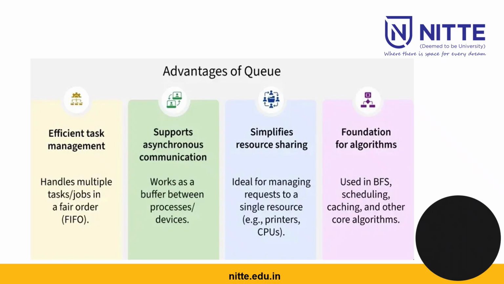Now we'll see the advantages of using a queue. The first advantage is efficient task management. Here the queue will handle multiple tasks or jobs in a fair order. It follows the principle of first in, first out. That is why each task and job will be handled very efficiently. The second advantage is that it supports asynchronous communication.